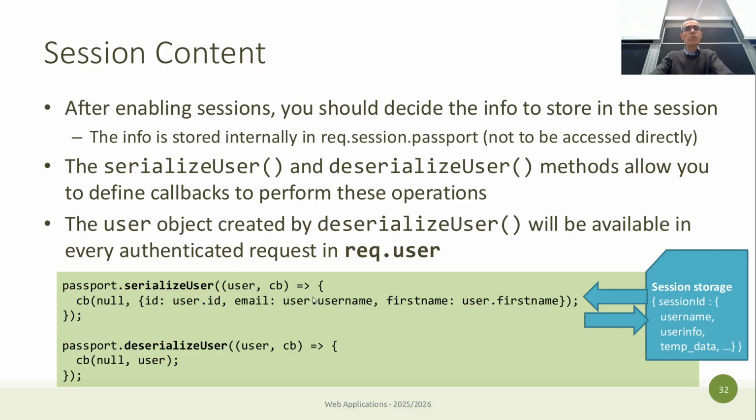This object is what you keep on the server together with the session ID: user ID, email, first name, and so on. You can put whatever you want here. Typically, you don't put that much information, because once you have the ID of the user, you can retrieve all the rest of the information from the database in the server.